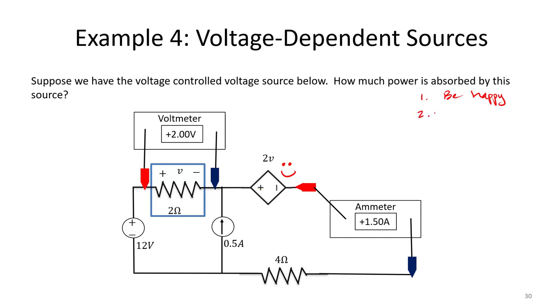Second step is we want to see, what does the source depend on? Well, in this case, the voltage V coming out of our source is equal to 2V, where notice this V is the voltage across our 2 ohm resistor.